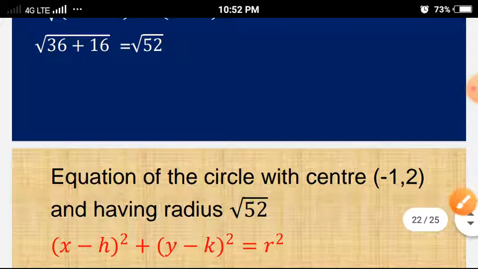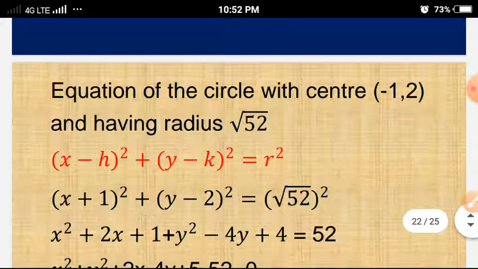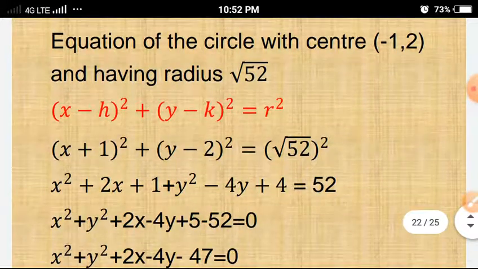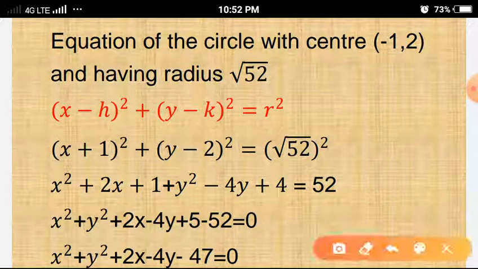Then here we have to find the equation of the circle with the center (-1, 2) and having radius root 52.